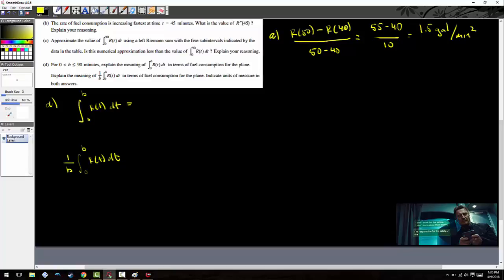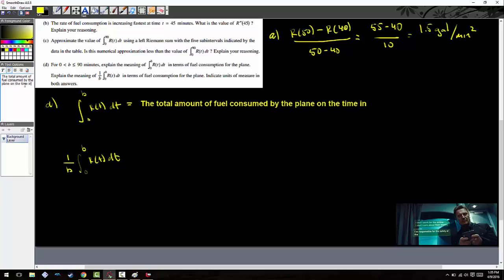And because we're strictly increasing, we can conclude that the first piece, the integral of r of t, is the total amount of fuel consumed by the plane flying non-stop on the time interval 0 to B.